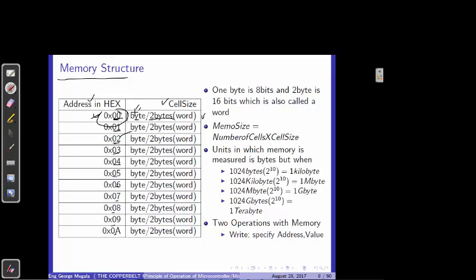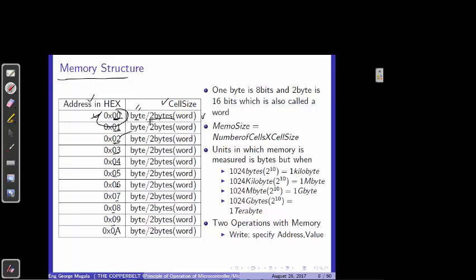So a cell can hold up to about, here a decision is made: how many bytes can the cell hold? The cell could hold up to 8 bits, or it could hold up to maybe 16 bits. Depending on the number of bits the cell holds, that becomes the size of the cell.